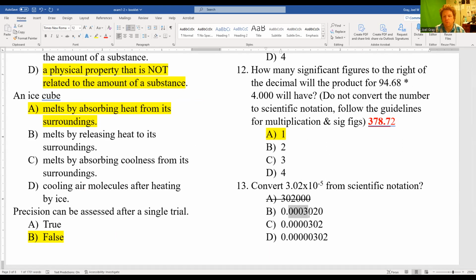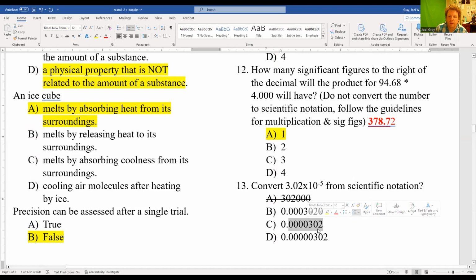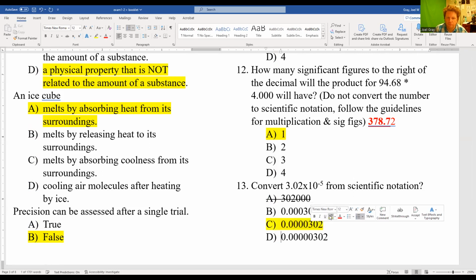If I moved the decimal 4 places, I would look at 0.0003020. Okay, this answer, B, is not a good answer option because where did this 0 come from? That's one issue. So now we're left with answer option C. 1, 2, 3, 4, 5. 0.0000302. C is our best answer option for this question.